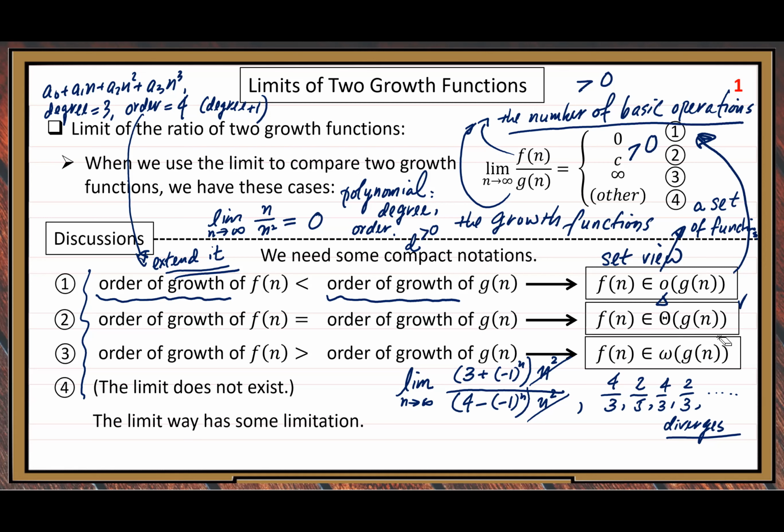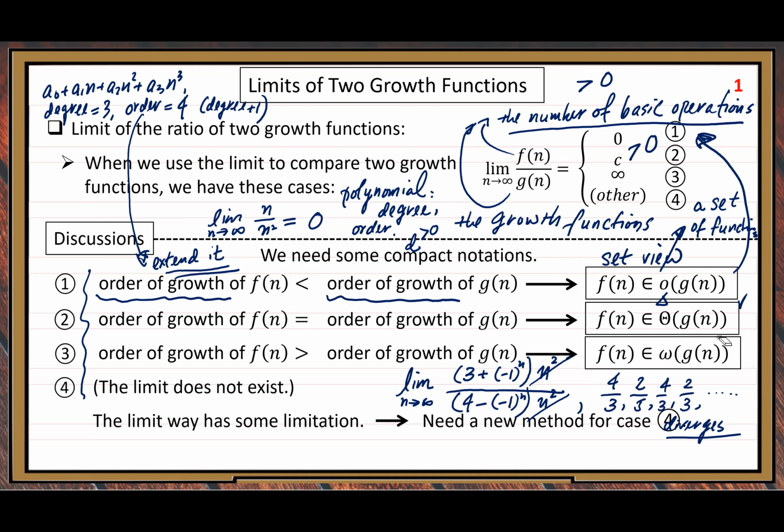But for case number 4, we cannot represent it using the asymptotic notations at this point, because we do not have the comparison result. So we need to try a different way for comparison. We need a new method for case number 4.